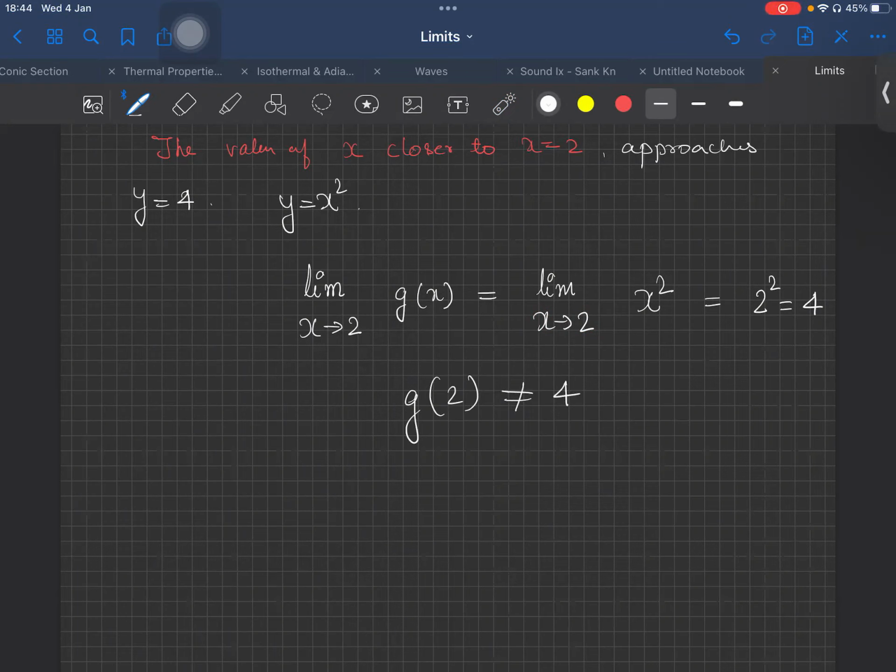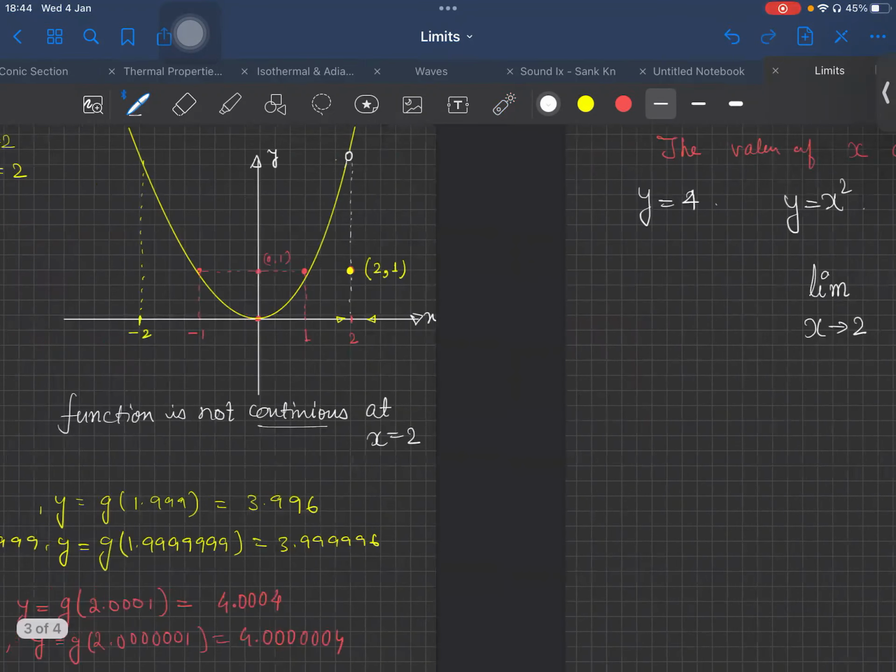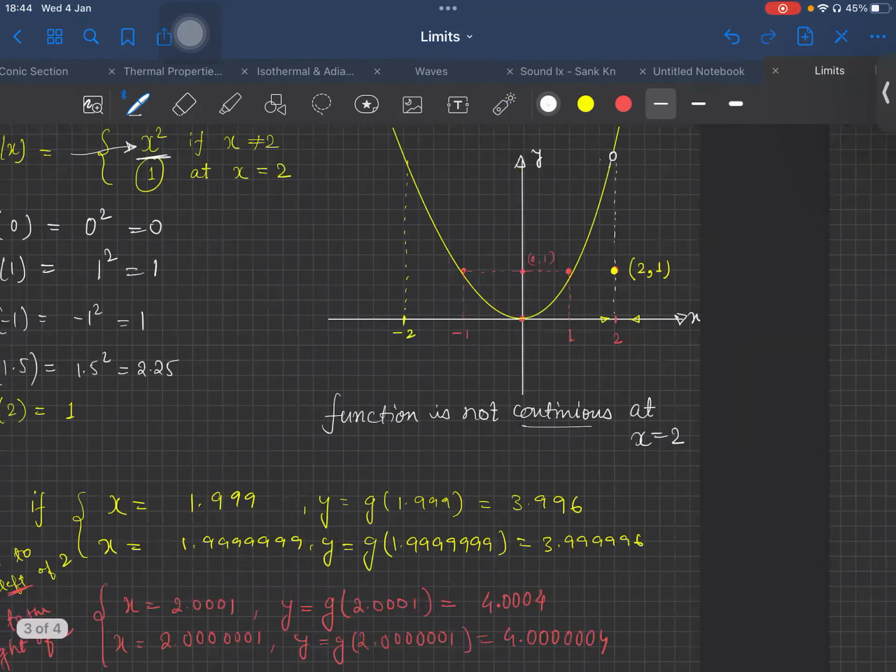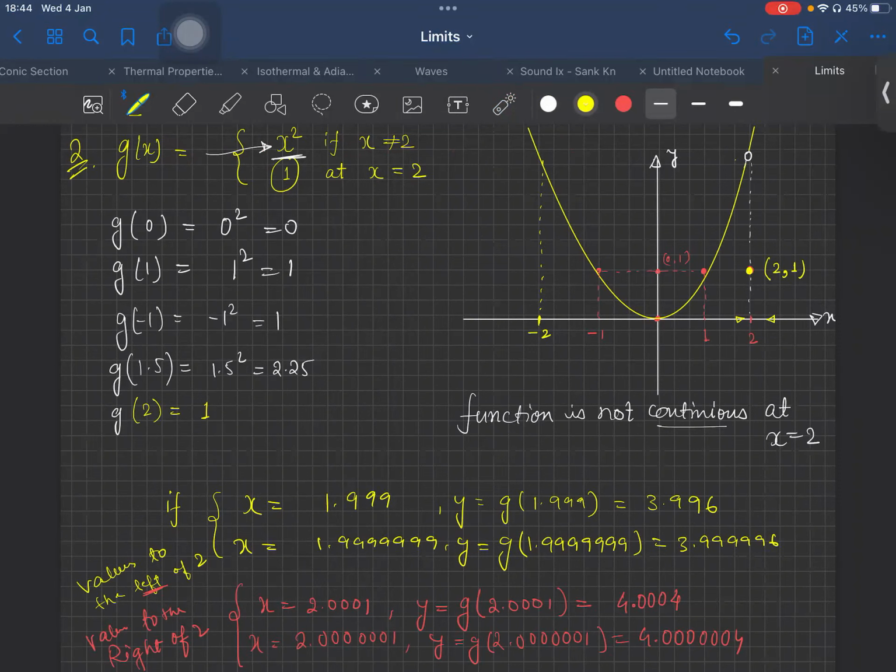This is equal to 1, according to the given function. Did you understand or not? Yes or no? You are getting the idea what it is? See, these are just the ideas of limit, just to understand what limit actually is.